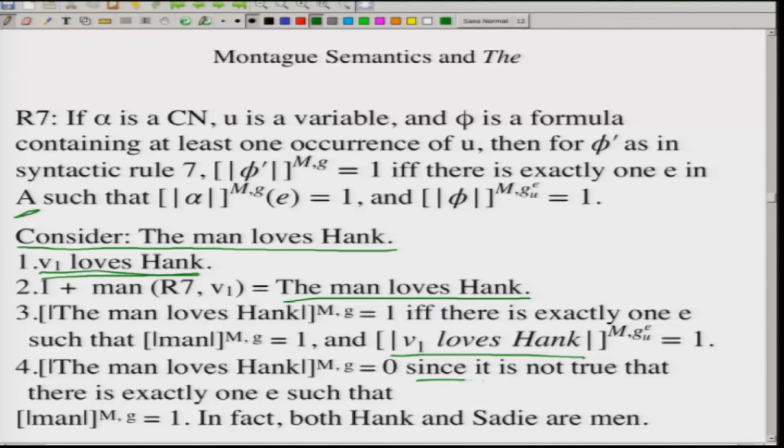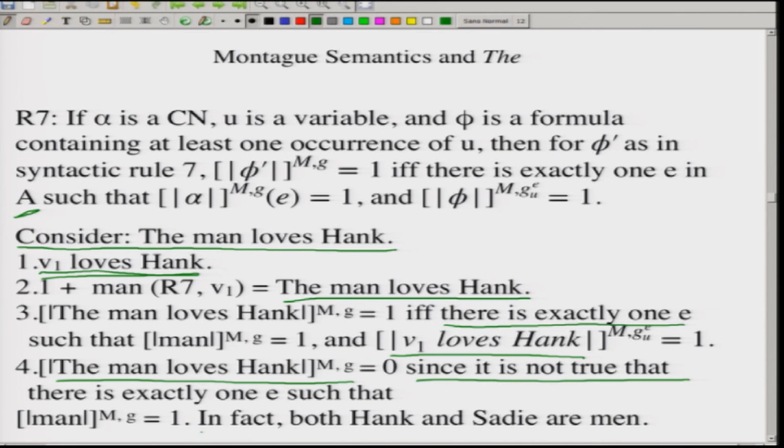So, finally the truth value of this comes to be 0. So, the man loves Hank is 1 if and only if, I just read again, there is exactly one E such that E is a man and that man loves Hank. Because that is not the case, it is 0.